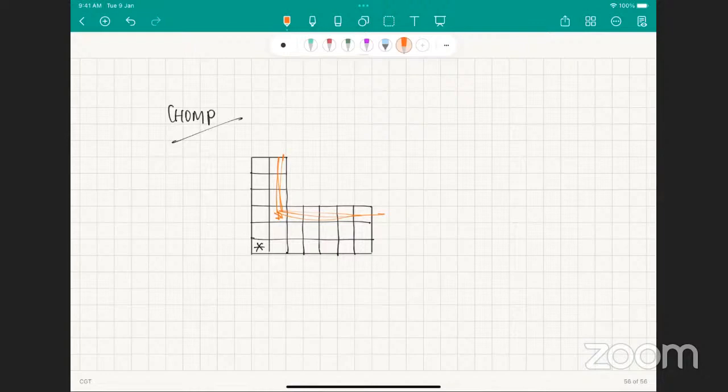So I think it's best left as food for thought, no pun intended, and best left for our discussion tomorrow. Tomorrow we'll begin by arguing that if you have a rectangular board, then the first player has a winning strategy in Chomp. And we're going to look at a few more Nim variants before rounding off this chapter. So that's kind of the plan.